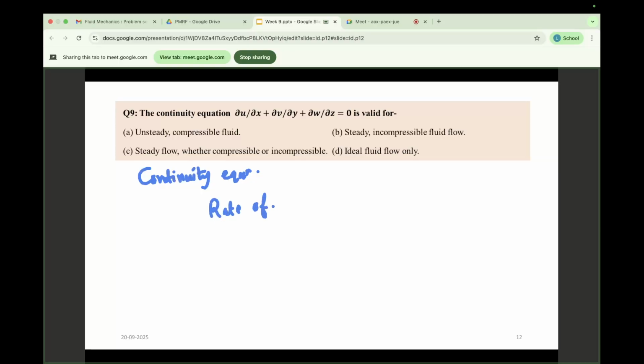Rate of mass accumulation plus net mass outflow should be zero.